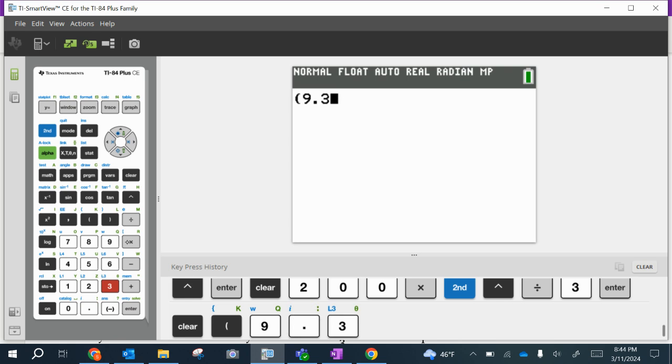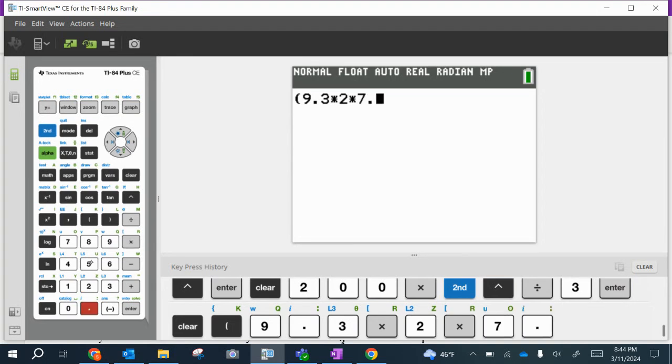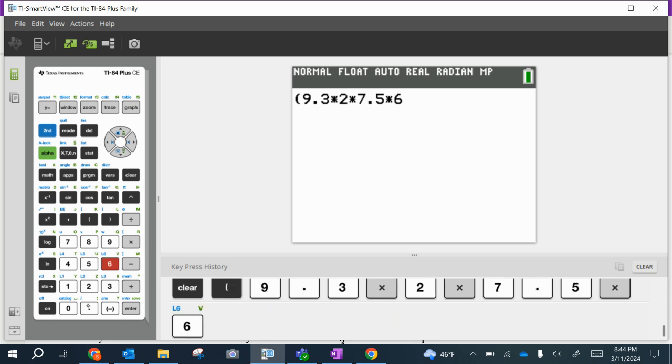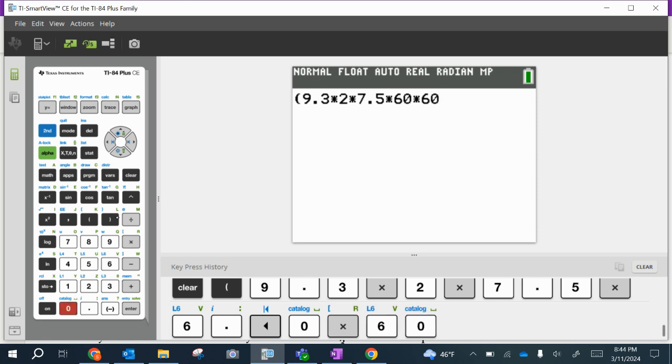I had 9.3 times 2, I'm not going to multiply the pi, times 7.5 for the radius, times 60. 60 for that was seconds, and then times 60 for the minutes, and then that was times 1 times 1.